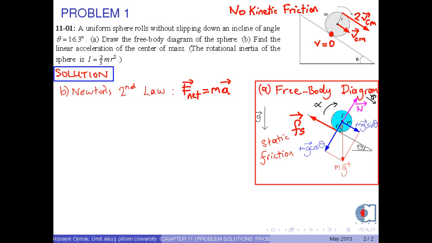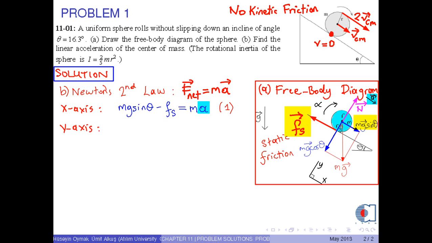In part B, we use Newton's second law, which is F net equals m times a, to find a. In the x-axis, F net has the component m g sine theta minus Fs, which is equal to m times a, and we call this equation 1.